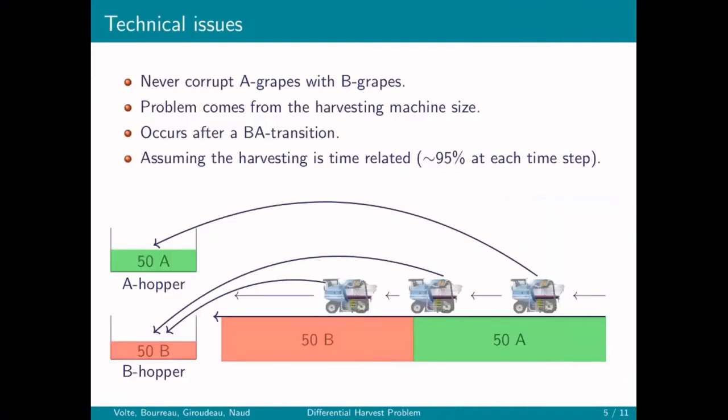And additionally, we have a technical issue with this machine. It occurs in the selective mode, and the key point is that we do not want to corrupt A grapes with B grapes, and it occurs only after a BA transition.